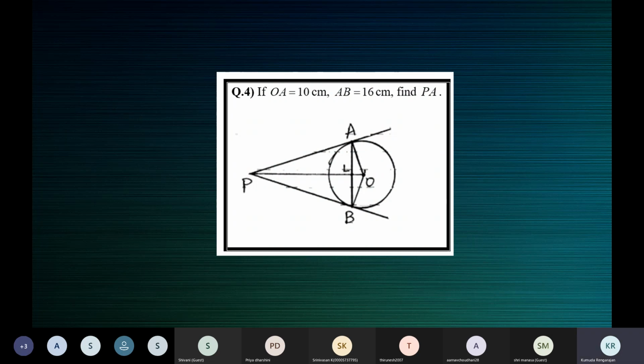So like this we prove that this angle is 90 degrees by showing that these two triangles are congruent. And we get this 90 degrees plus AL is equal to BL. Is it clear, children? Yes, ma'am.